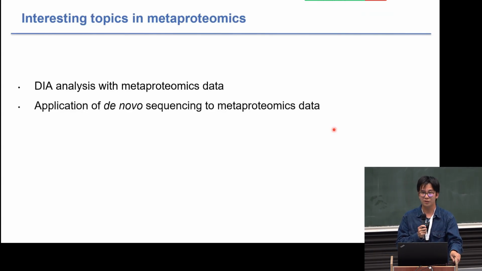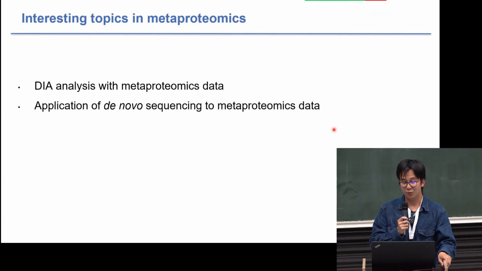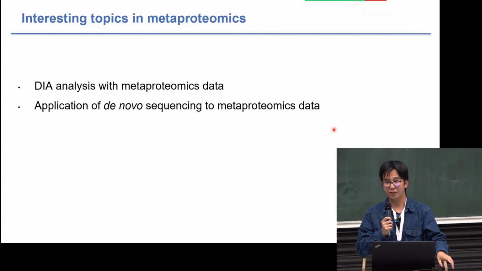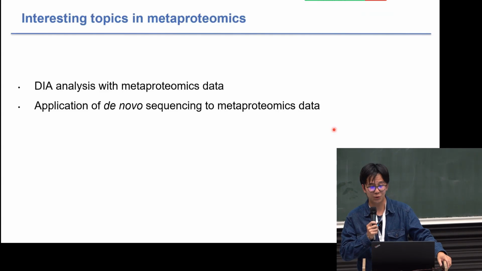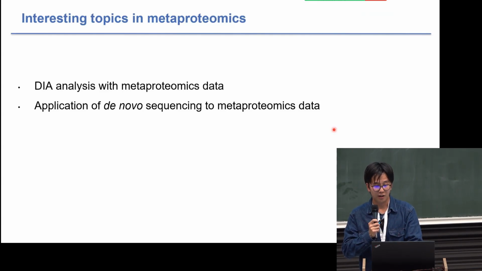And also because we don't really know the composition of the samples, it's challenging to create a database. So some people are trying to figure it out another way. They use de novo sequencing, which is another strategy that calculates the sequence of your samples, not based on the database search, but based on the spectra itself.